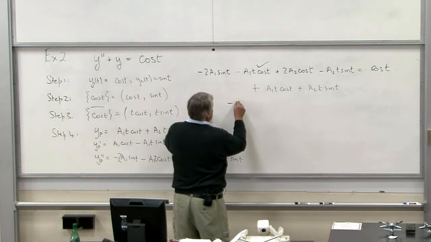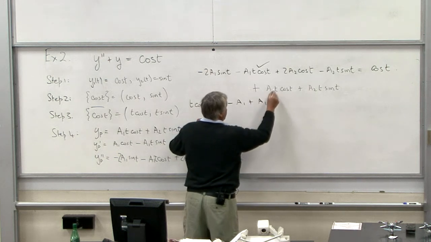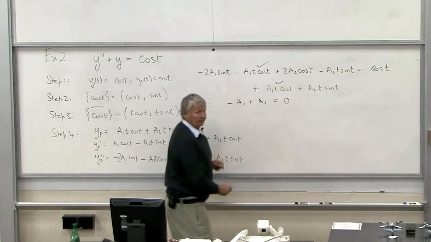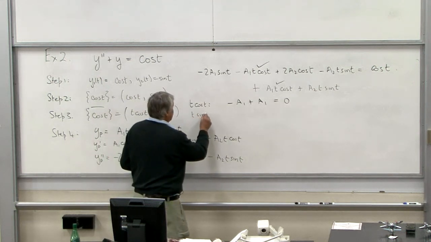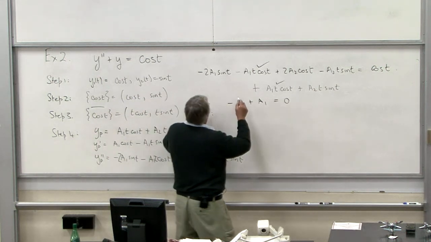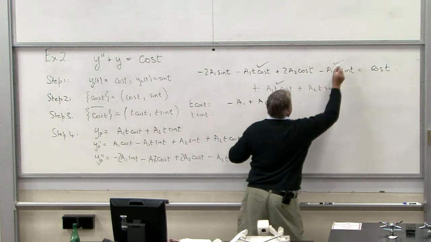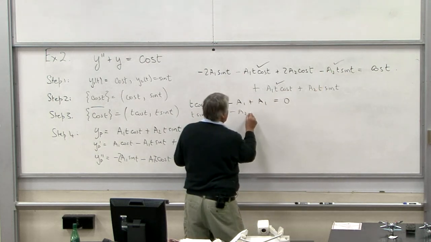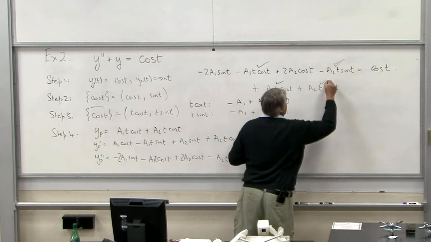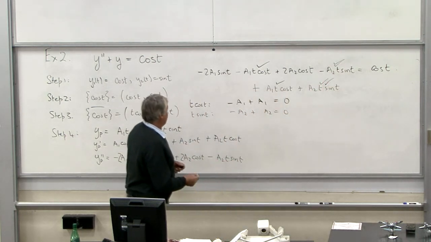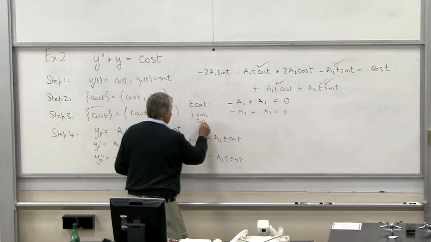Minus a1 plus a1 equals 0. Good. T sine t: minus a2 plus a2 equals 0. Good. That's scrams.